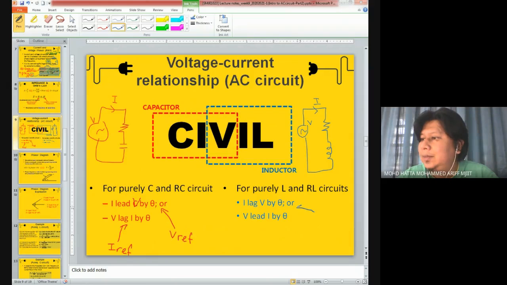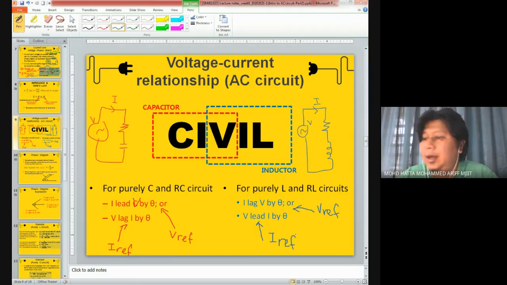So if you write this statement, you are considering that V is your reference. And again, in the word VIL, V comes before the current. You can also write it using this other statement, where V is leading the current by certain degrees, depending on whatever the value of your Z angle is. So here you are considering that your current is your reference.